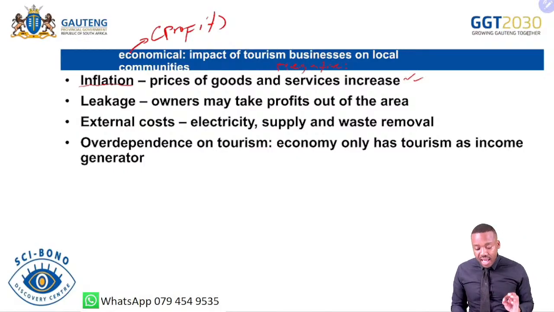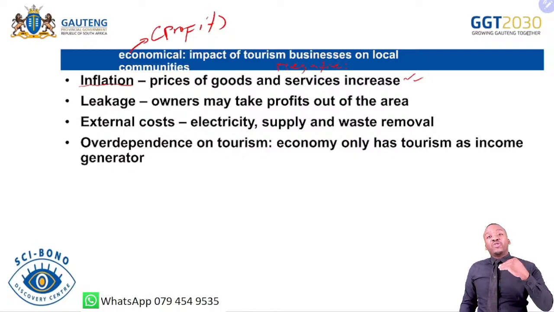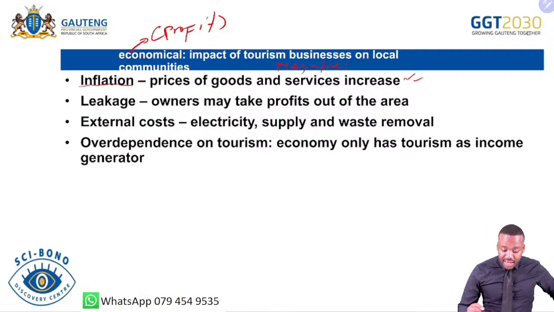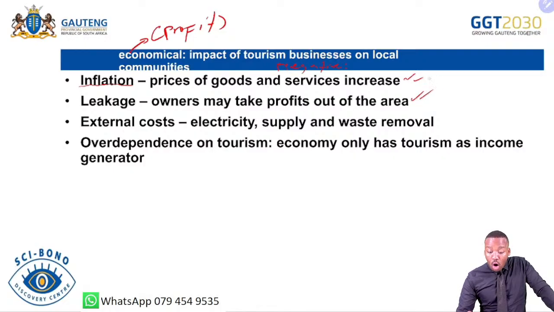Yes, we are saying as much as the business wants to make or generate income from the tourists, we need to take note of what? Of the locals. Because when the businesses increase their prices, it means the locals will not be able to do what? To travel. The second negative impact of tourism on the economy is leakages.